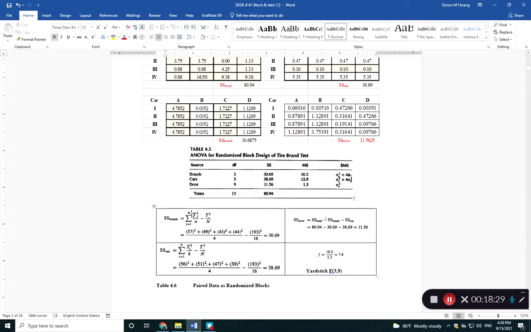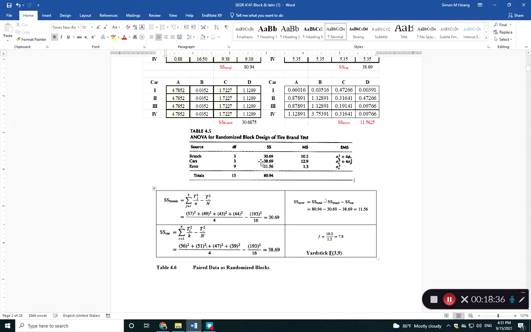Basically, how can I get my sum of square total partitioned? The sum of square for brand is the total of each one of the brands divided by 4, minus the overall average, and then you get this term. Or you can calculate it using car.